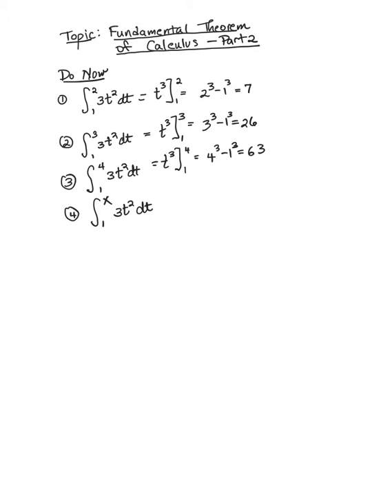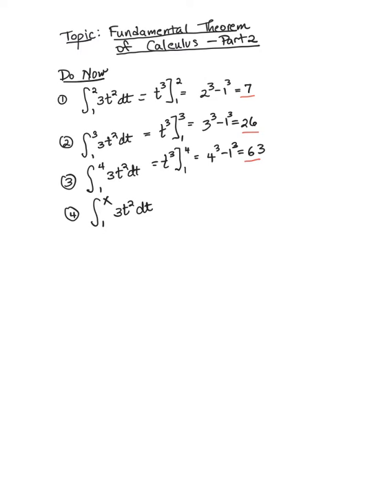So notice that the definite integral is equal to a real number, and this geometrically represents the total net area under the curve y equals 3x squared. But if we generalize this to the definite integral from 1 to x of 3t squared dt, notice that we will still get a function of x.